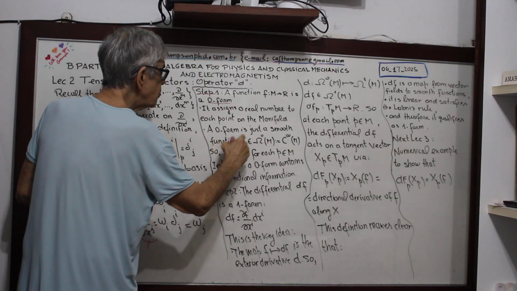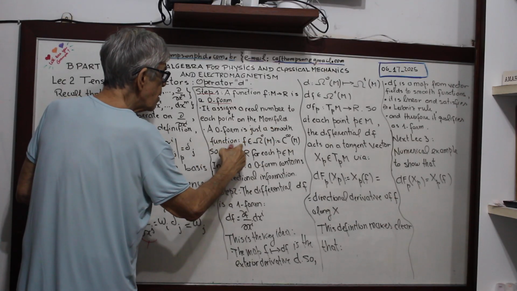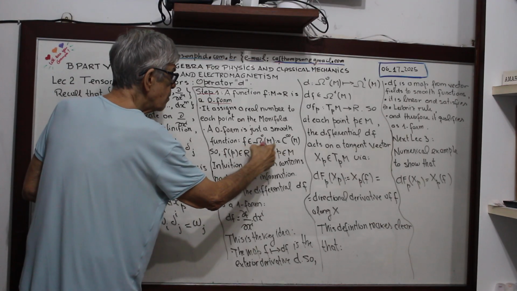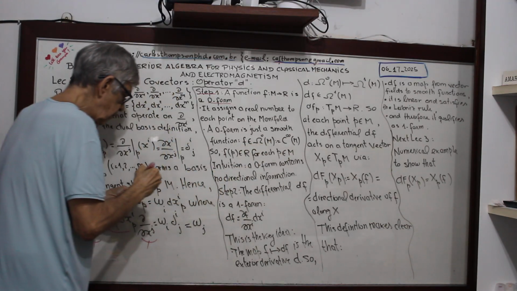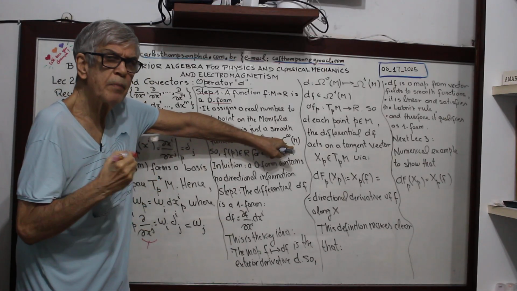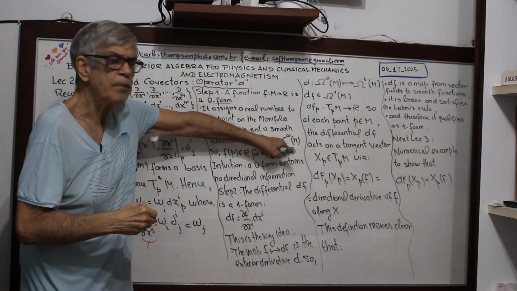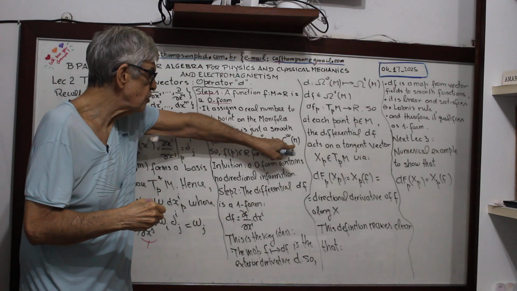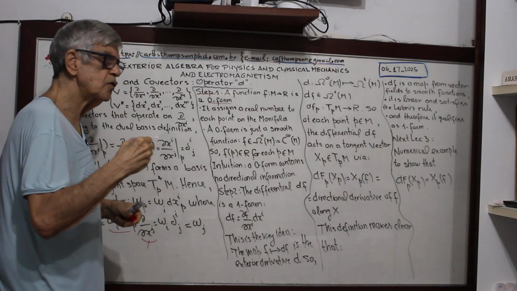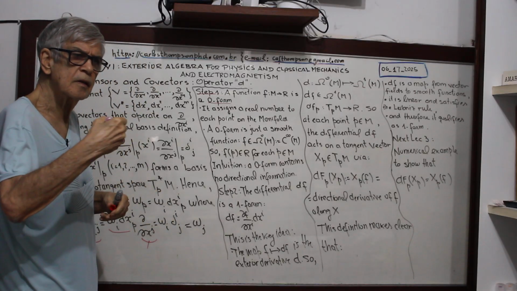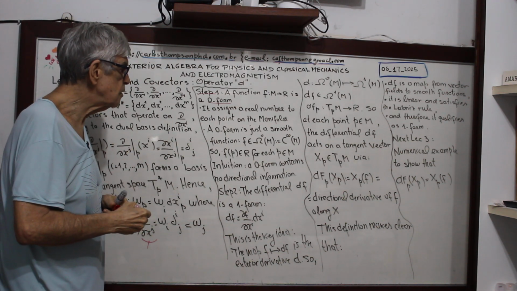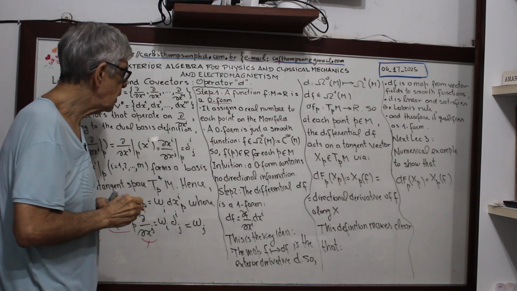So a zero form is just a smooth function f, that belongs to C infinity of M, which represents a smooth function. So the first, the second, and the nth derivative, they are smooth.